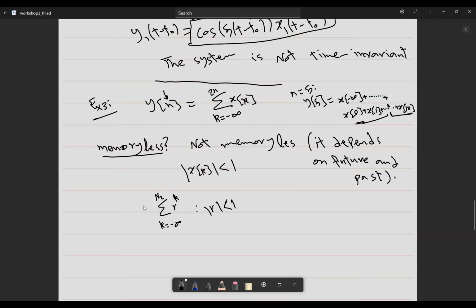But this is different. But I think this depends. There will be some condition where this system will be stable, and otherwise it will not be stable. If we bound the input by some strict bound, we'll find a condition to make this stable.